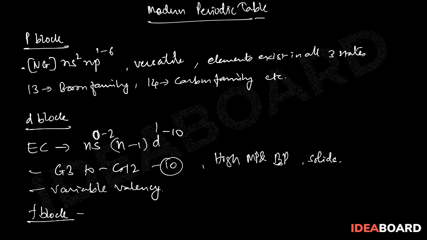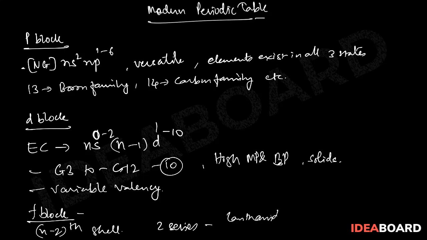So when the outermost, penultimate and anti-penultimate shells are incompletely filled and the differentiating electron enters the f subshell of the anti-penultimate shell, that is the (n-2) shell, then the element is said to be an F block element. There are two series in F block, lanthanides and actinides.